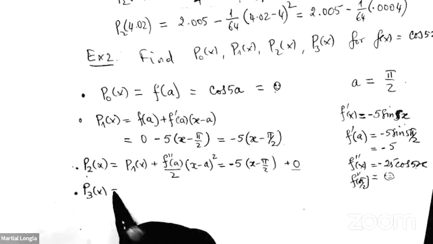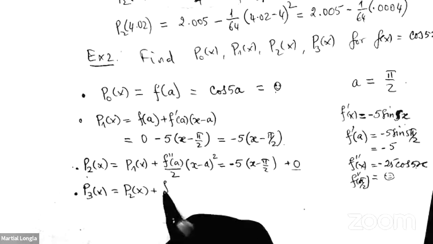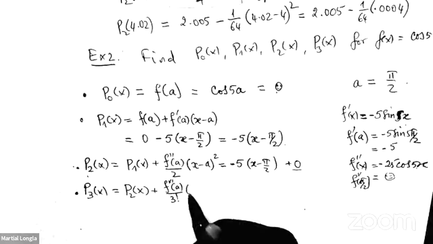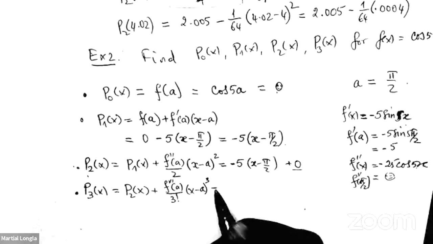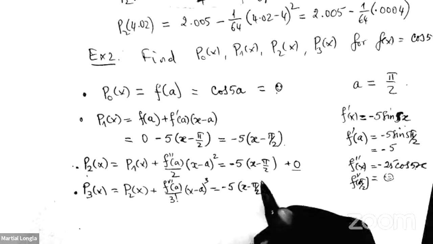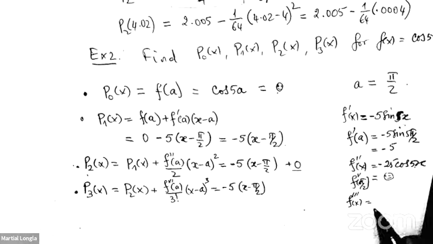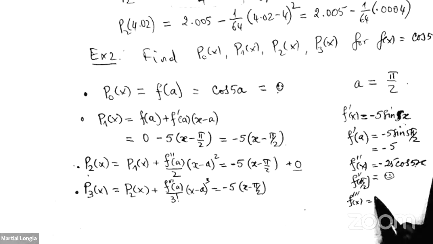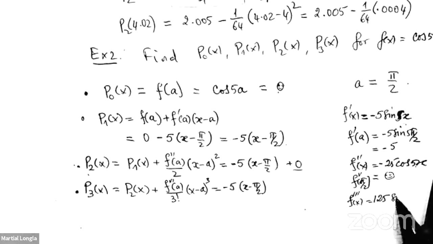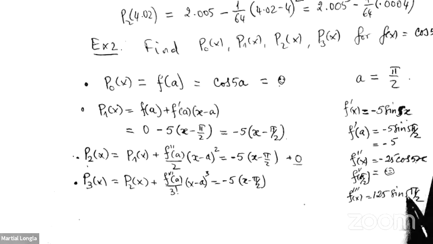And P3 of x, that's P2 of x plus the third derivative at a over 3 factorial times x minus a cubed. That's minus 5 times x minus pi over 2. And then you got to find that third derivative. That's 5 times 25, that's 125 sine of 5x.